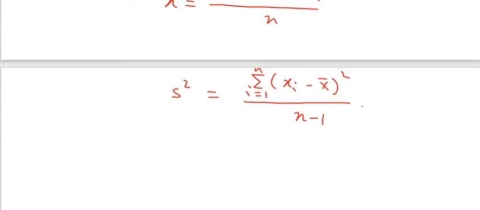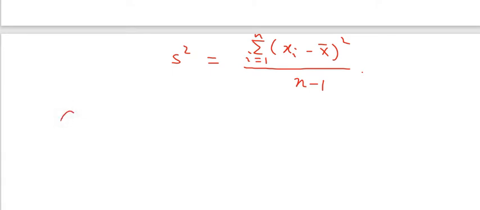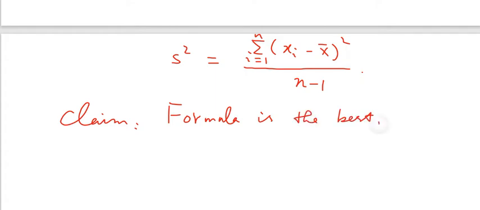So we claim this formula is the best. We use s to estimate sigma, and use x bar to estimate mu. We say such estimation is the best.